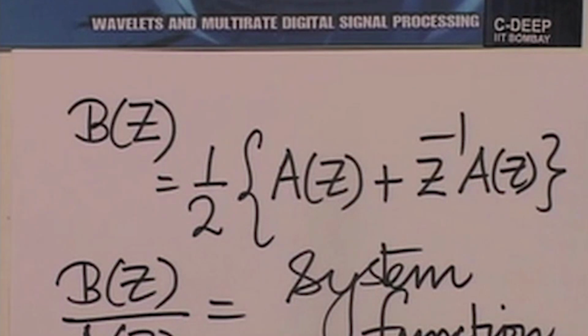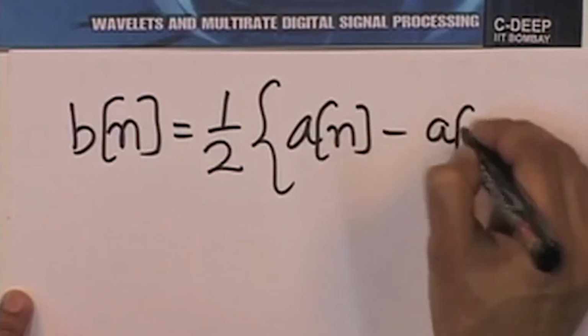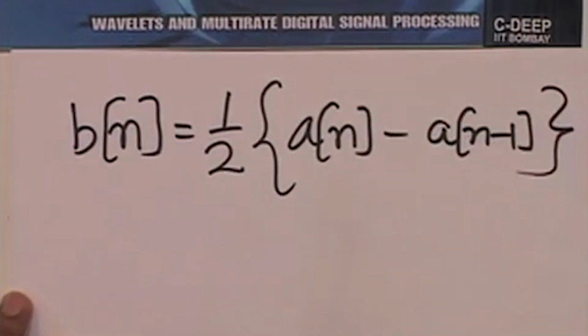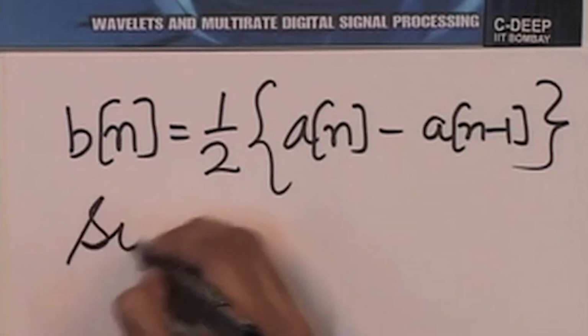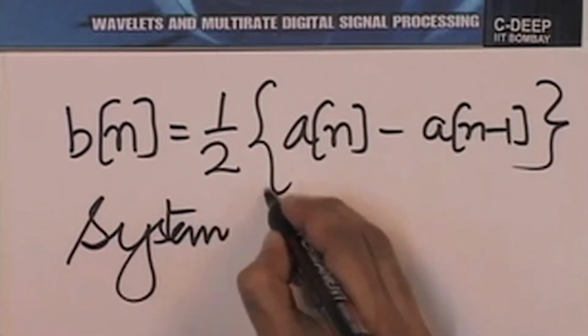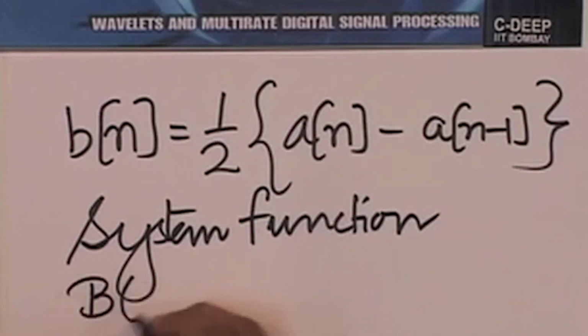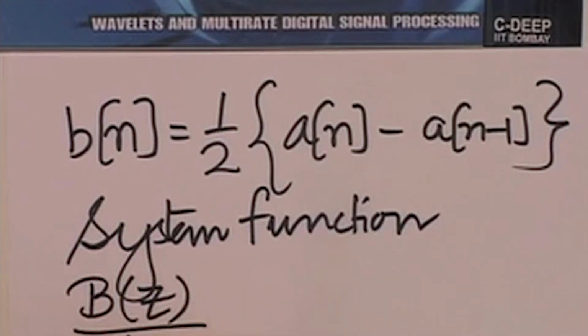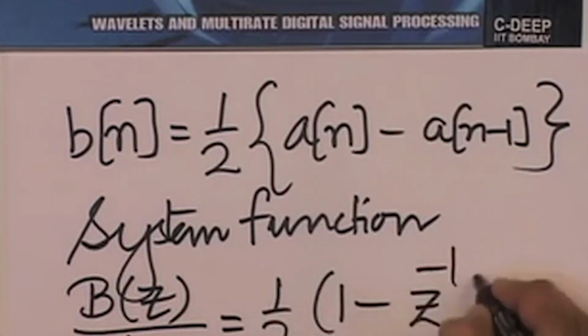In a similar manner, we can calculate the system function of the second filter. That is described by b of n is half a of n minus a of n minus 1. And there the system function B(z) by A(z) would be given by half into 1 minus z inverse.